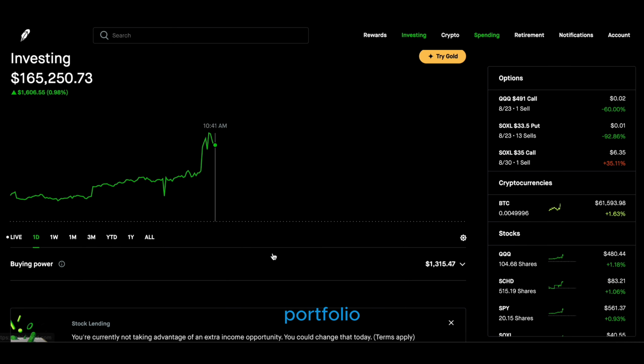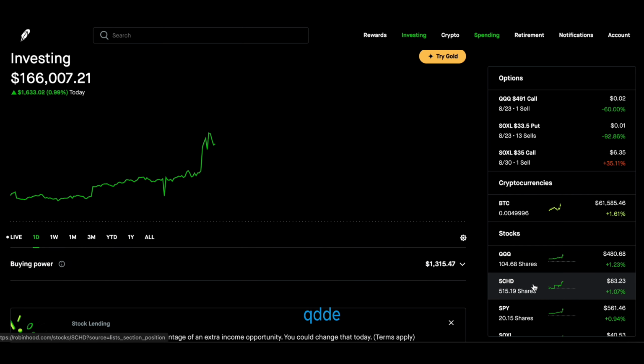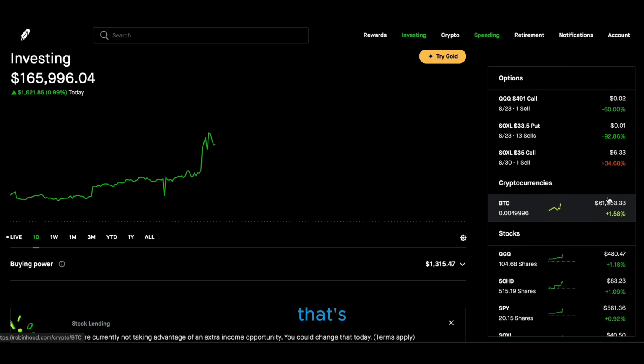Currently in my portfolio, I'm up close to 1%, which is $1,600. But these XDTE and QDTE will supercharge my investments, and I'll be reinvesting part of the distribution that they give, and part of that will go into buying more aggressive growth-oriented ETFs. So that's the strategy that I'll be pulling off.